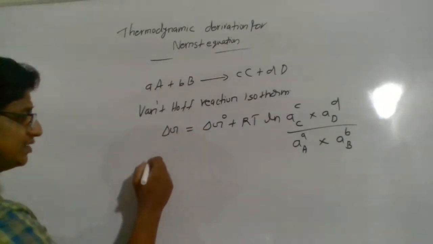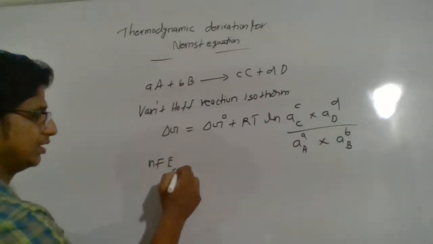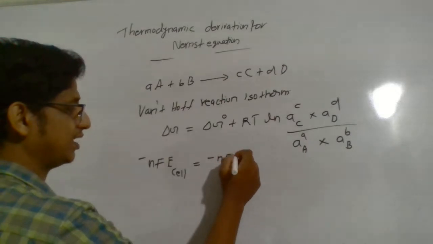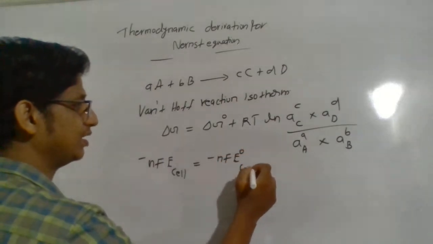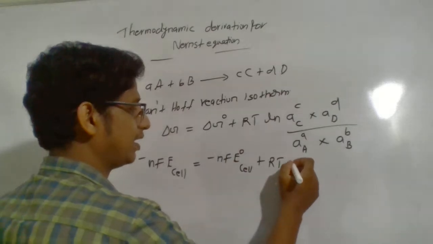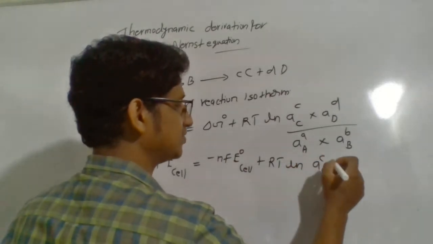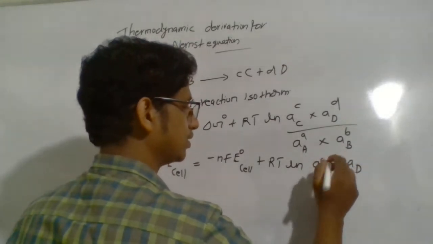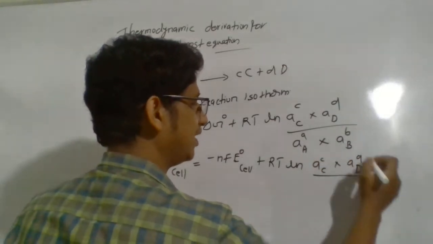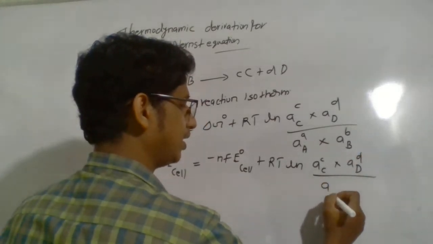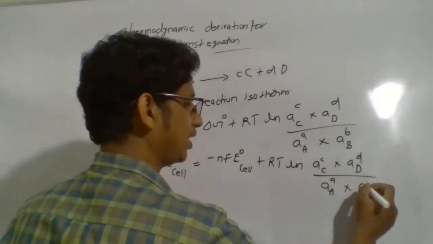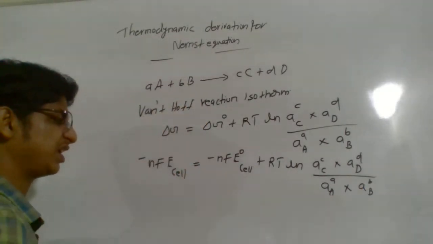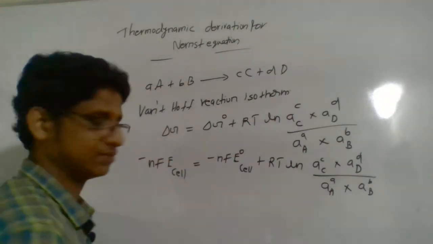Substitute the value: delta G is equal to minus nFE cell. So minus nFE cell is equal to minus nFE0 cell plus RT ln a_C raised to c into a_D raised to d divided by a_A raised to a into a_B raised to b. That's the way we can write it, substituting the value of delta G.